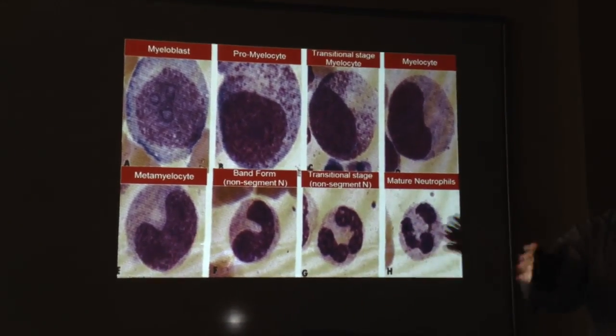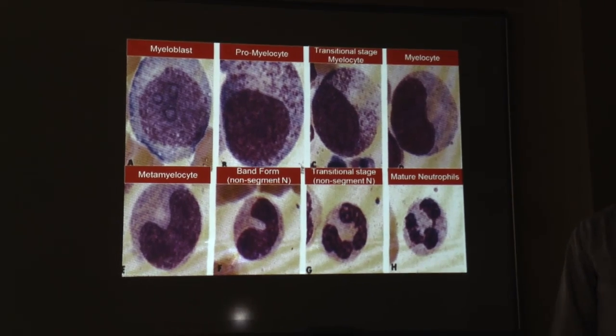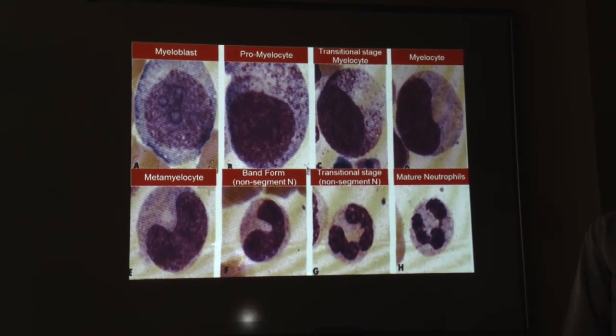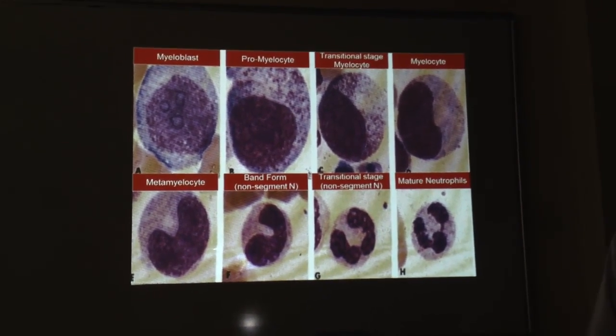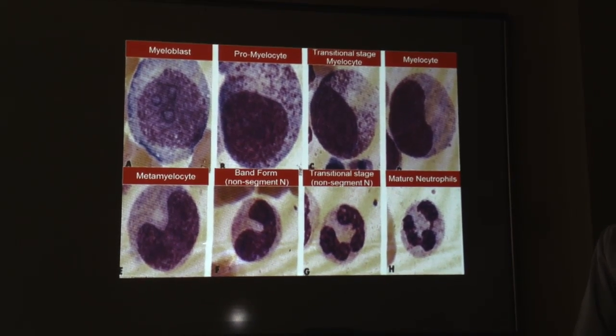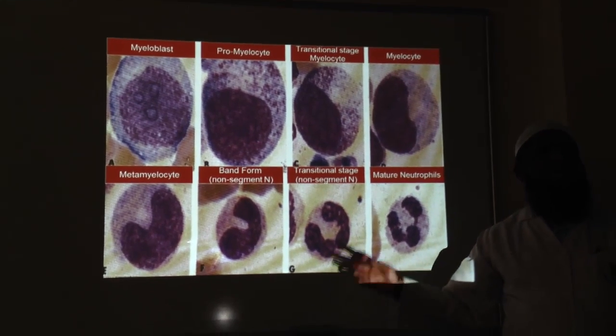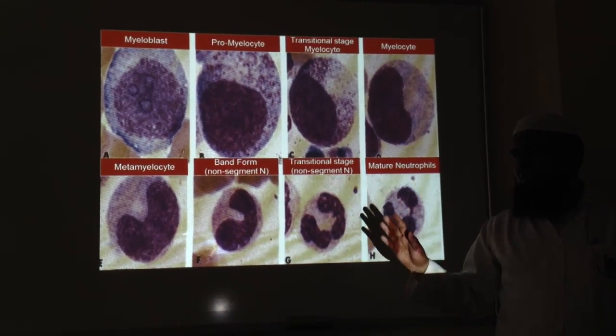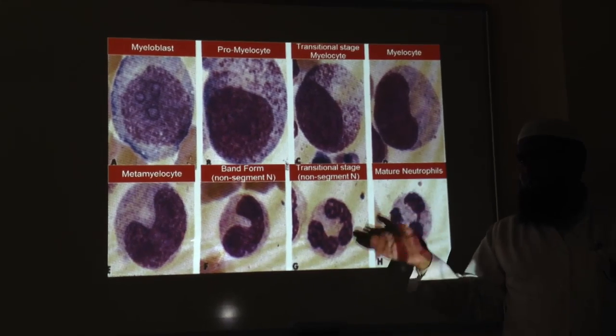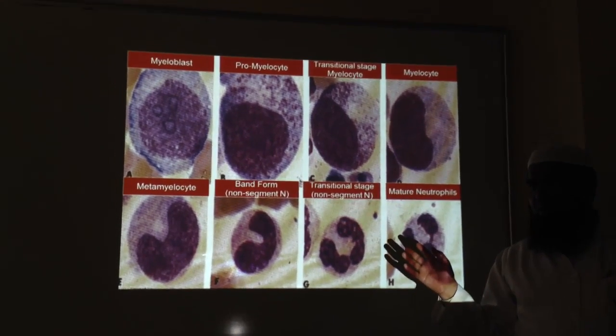All these developmental stages will come into the peripheral blood. This is known as leukemia reaction. But still it is not leukemia, it is not cancer, although the picture closely resembles chronic myeloid leukemia.